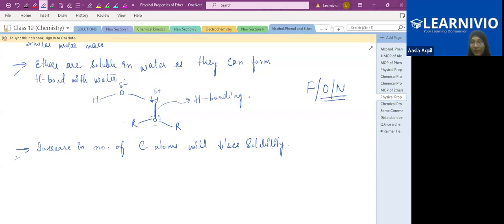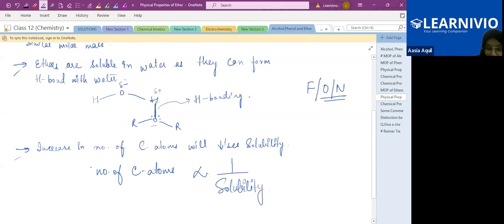So more the number of carbons, less will be the solubility. You can write that the number of carbon atoms in the ether is inversely proportional to the solubility. More the number of carbons, less will be the solubility, and vice versa.